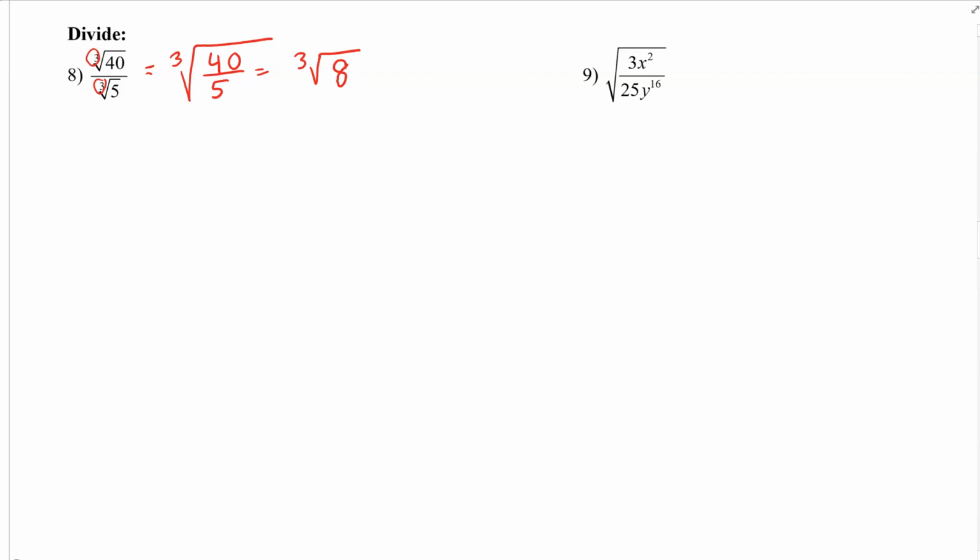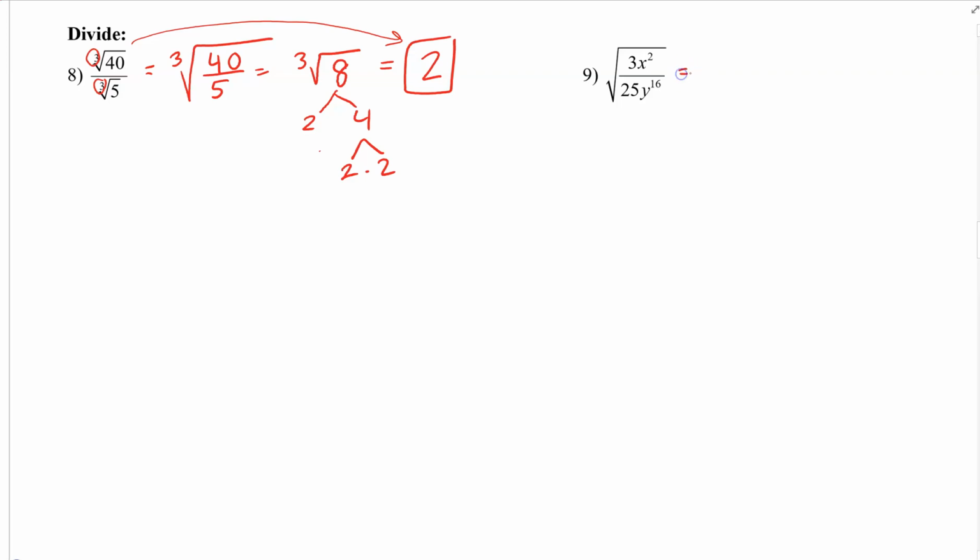And then we simplify at the end, just like we did with the other ones. So 8, as we know, is basically 3 factors of 2, right? 2 times 2 times 2. So the cube root of 8 is 2. So the cube root of 40 divided by the cube root of 5 ended up being the simple number 2. All right, let's take a look at number 9.